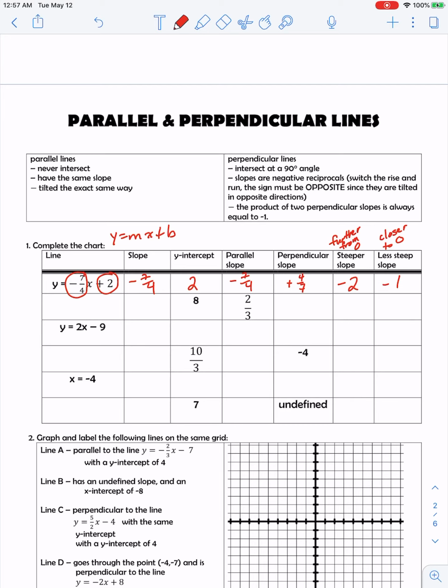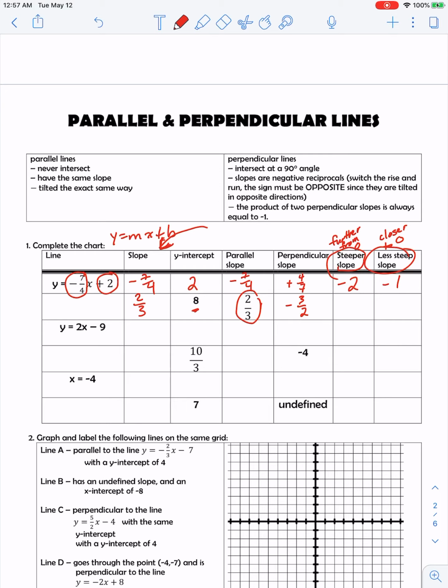All right, next one. The y-intercept is equal to 8. A parallel slope is 2/3, so that means that my slope must be 2/3 because that's parallel to it. The perpendicular slope would be -3/2. Now, when you're doing the steeper and the less steep, you're always going back to the first column, the slope. Not the parallel, the perpendicular, but the slope.